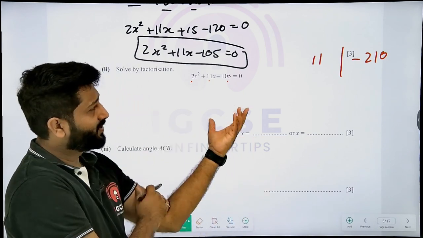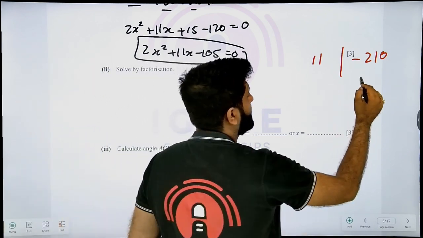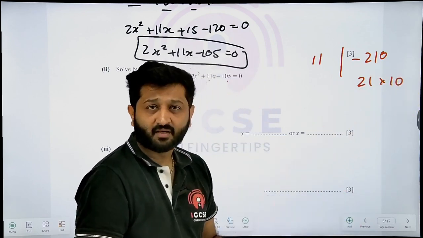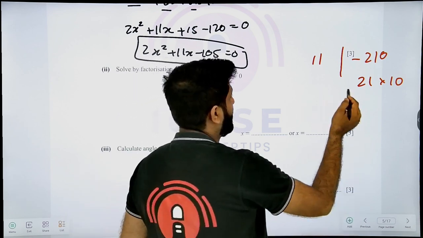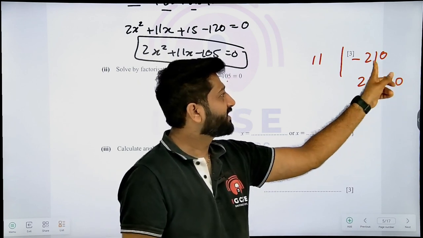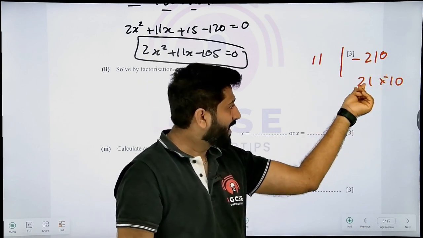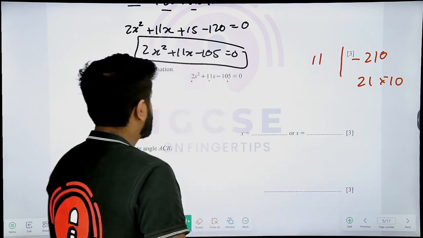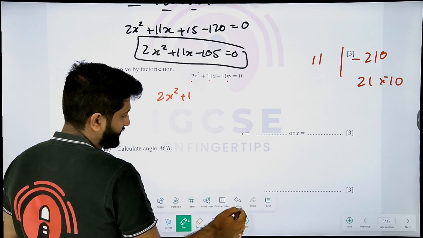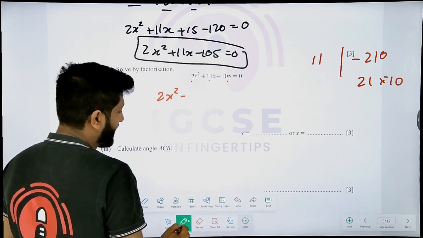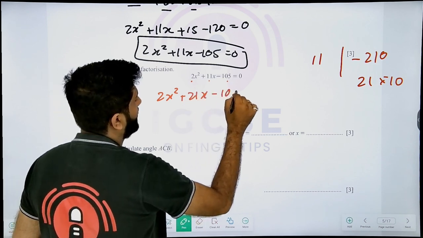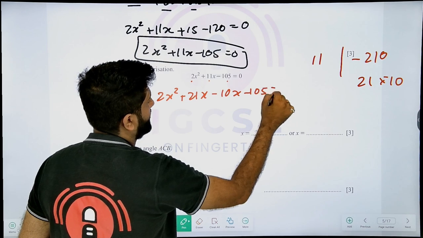And I think this is very much clear now. I know 21 times 10 will give me 210. If I write this as 21 and minus 10, then 21 into minus 10 will give me negative 210, and 21 minus 10 is positive 11. So I'll rewrite this as 2x square plus 21x minus 10x minus 105 equals 0.